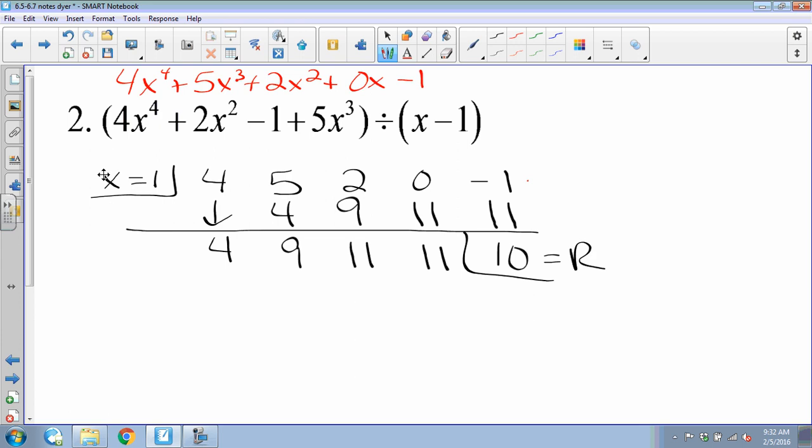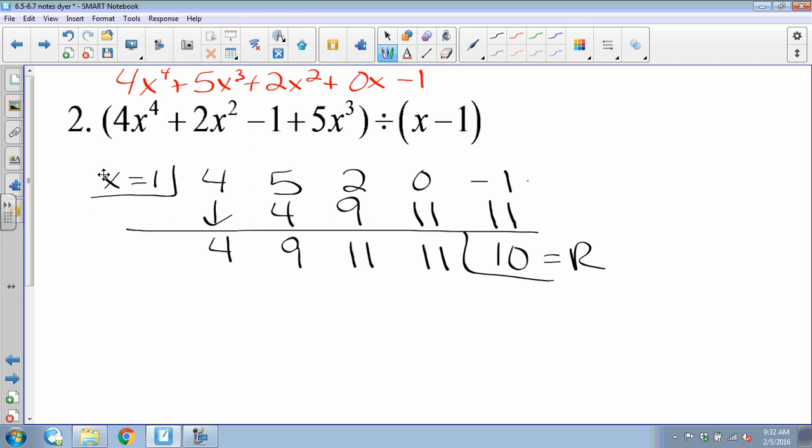So we did something wrong now, right? Are we supposed to get a remainder of 0? No, in this problem, you should actually have a remainder. What does that mean about x minus 1? It's not a factor.